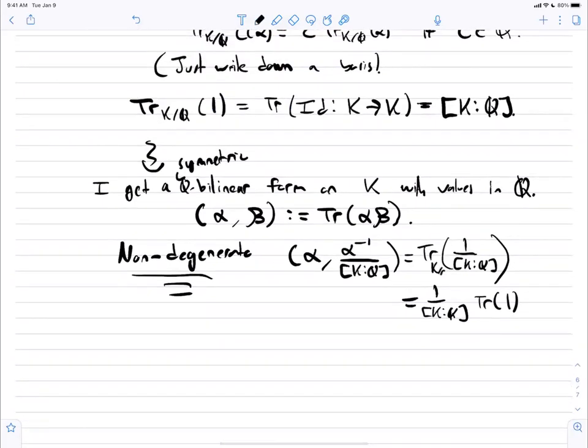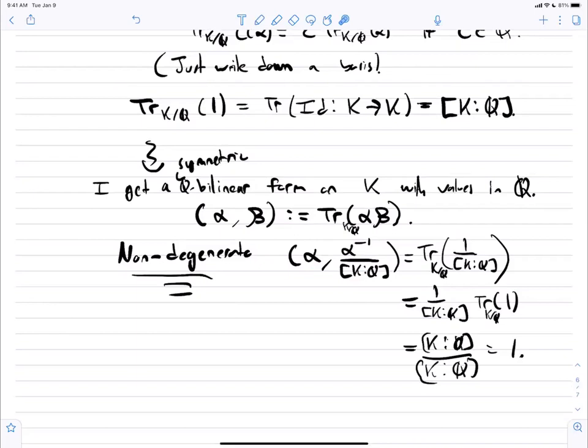I guess there wasn't really any reason I had to normalize like this, but that's fine. So being non-degenerate just means that for any element, there's some other element that it pairs with that's non-zero.